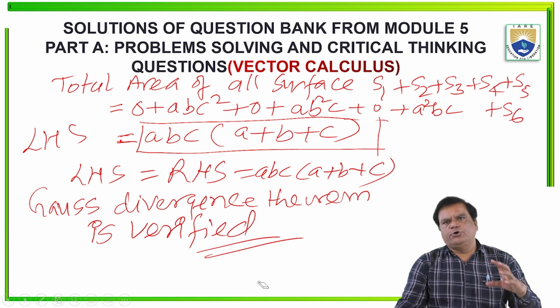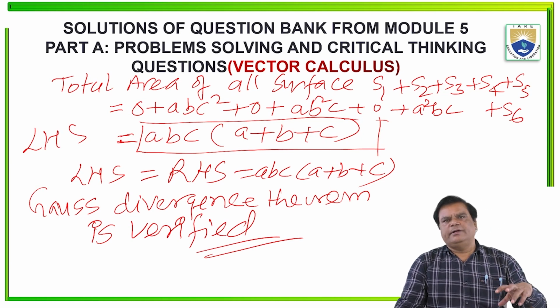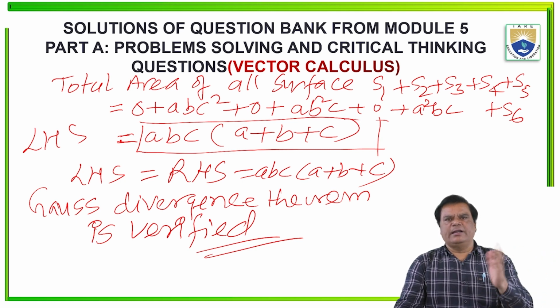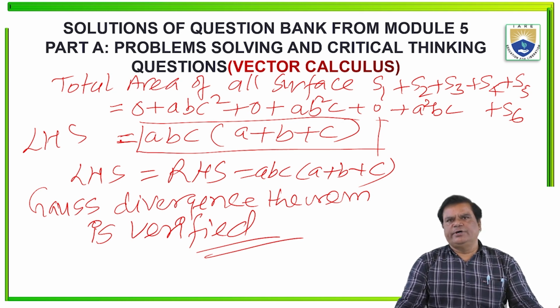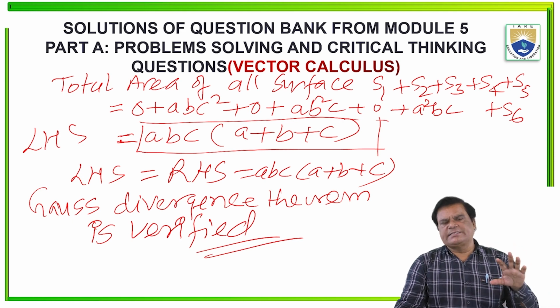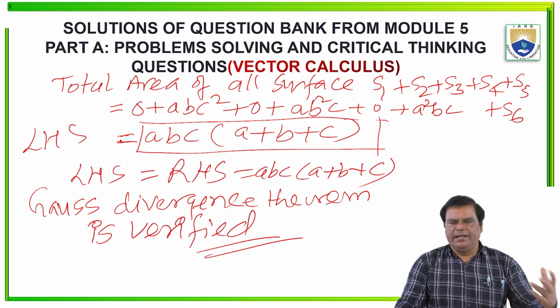So here we have a given cuboid, and in the cuboid there are 6 faces: the xy plane and the plane parallel to it, the yz plane and the plane parallel to it, the zx plane and the plane parallel to it. So we find the area of all 6 planes.